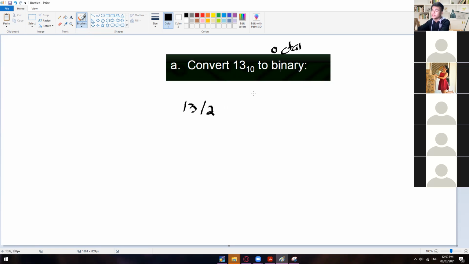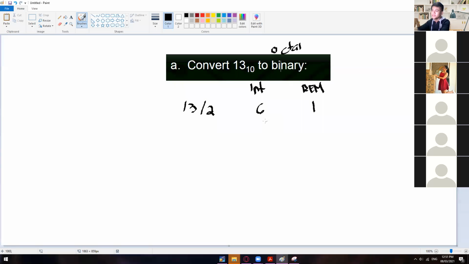Okay, and then we'll be having 2 parts for this one. We have the integer part and then the remainder part. Int for integer and rem for remainder. So 13 divided by 2. For the integer part, you will get 6, and then we have a remainder of 1.